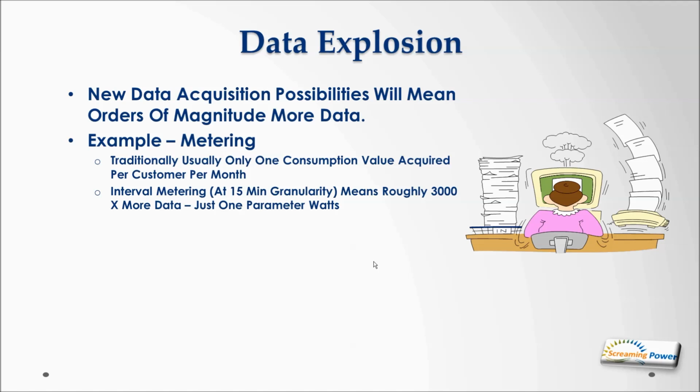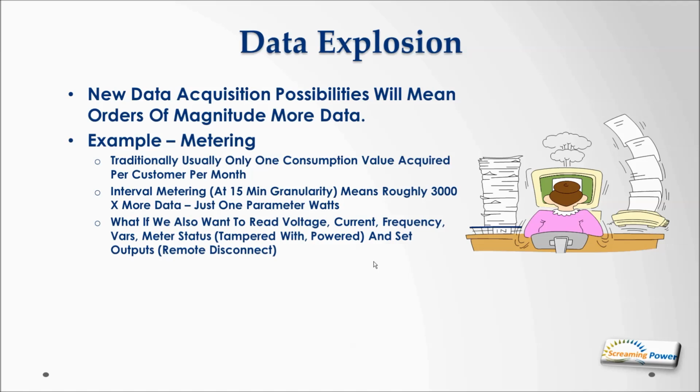If we're looking at interval metering, time of use metering, at let's say 15-minute granularity, that means roughly 3,000 times more data per customer per month. And that's only if we read one particular parameter, in other words, active energy. What if we also want to read things like voltage, current, frequency, volt amps reactive, meter status, in other words, has the meter been tampered with, etc. And what if we want to set outputs for things like remote disconnect in the event that a premises gets made vacant?